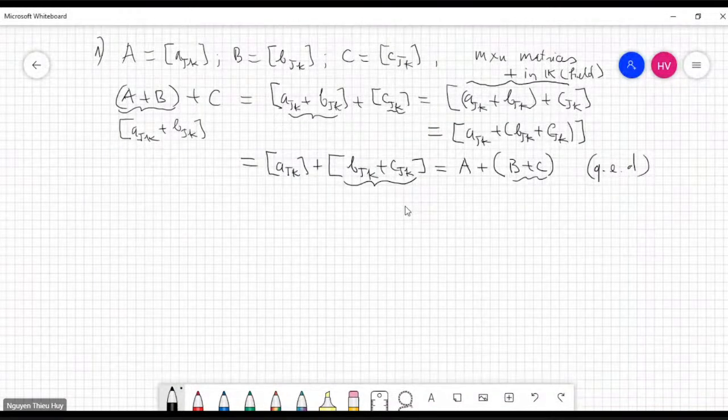And the last property, 4. I take again A as here; I don't want to rewrite it.